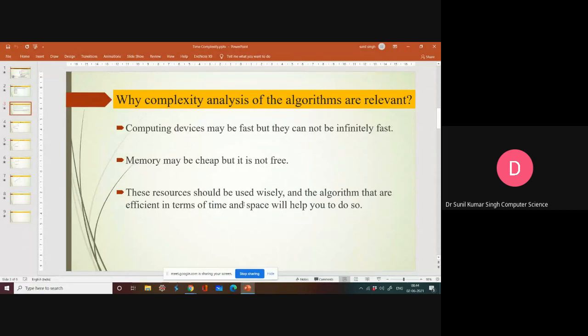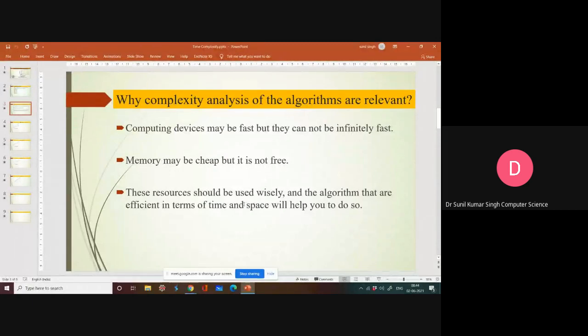The algorithms that are efficient in terms of time and space will help you to do so. That means algorithms which take less time to get executed and less memory to get stored.